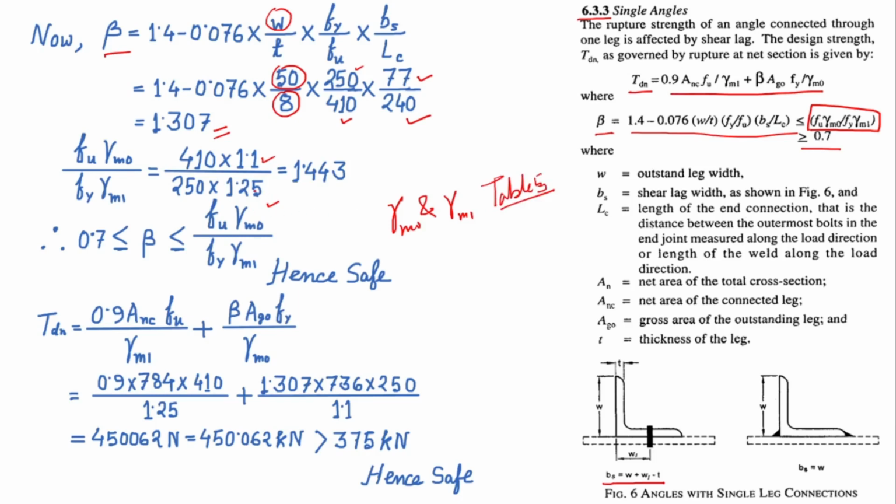So the value of this fraction is calculated as 1.443. If you see, the value of beta, which is 1.307, is greater than 0.7 and less than the fraction given in the IS code, hence it is safe. Then we have to calculate Tdn, which is the design strength for rupture.